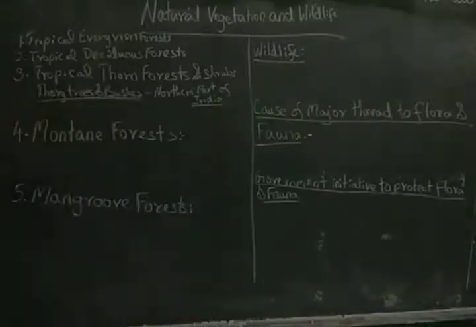Now we are going to see the types of plants living in this area. These trees are scattered and have long roots penetrating deep into the soil to get moisture.